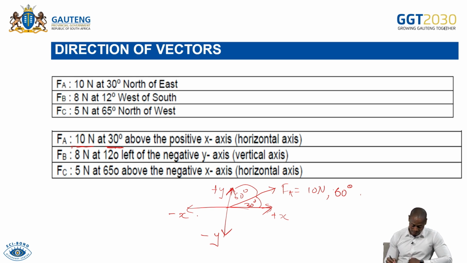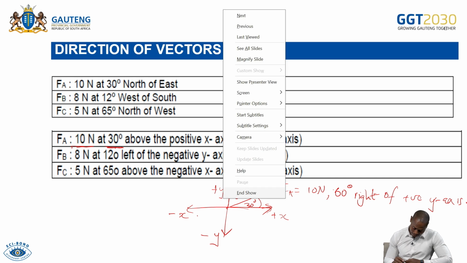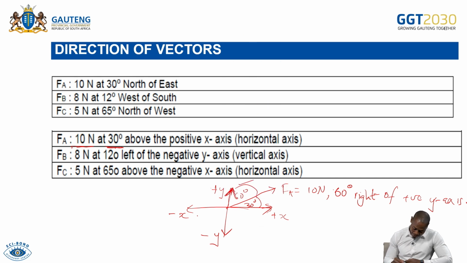So it's going to be 60 degrees left of, not negative, sorry, but positive y-axis. But actually here it shouldn't be left, it should be right. Sorry about that. So here is 60 degrees right. This side you have right, and this side you have left. So it's 60 degrees right of the positive y-axis.